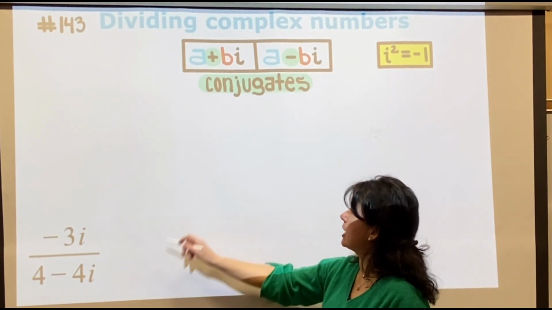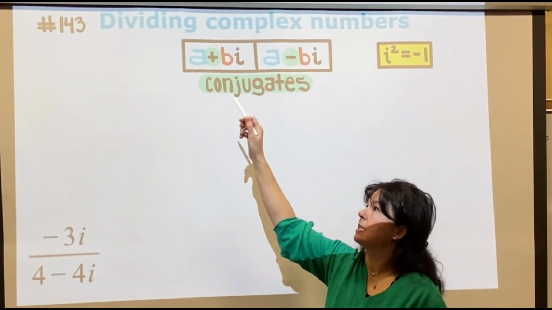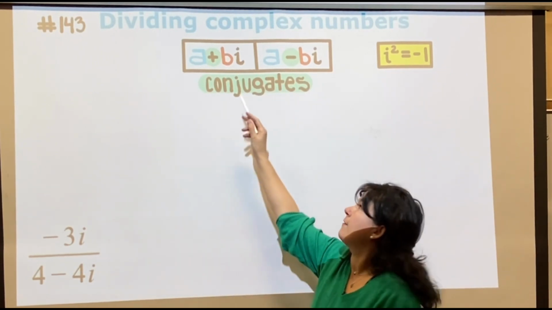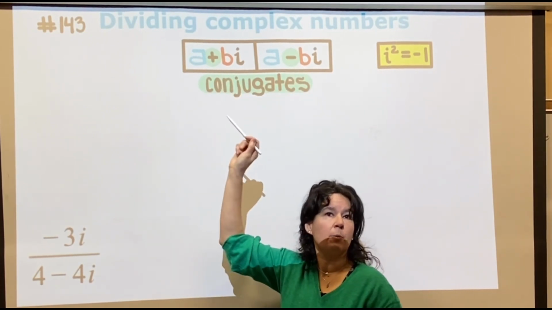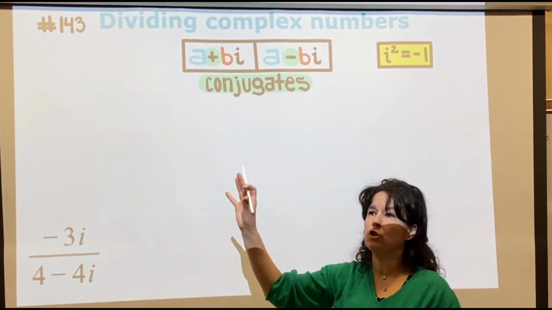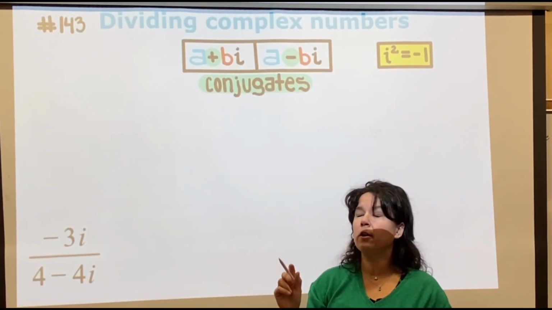And the conjugate, the only symbol that changes is the i's. If it's a positive, then it's a negative. If it's a negative, it's a positive. But the number in front, you don't change the sign on the number a, only on how many i's you have.